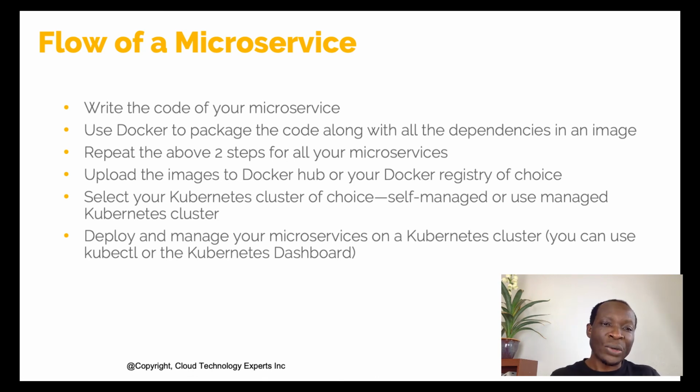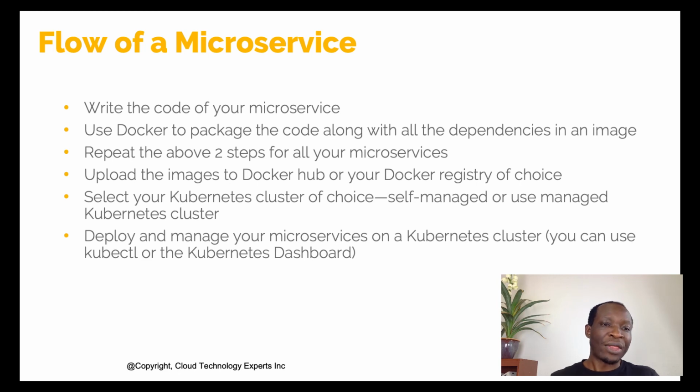So to write a microservice, first of all, you decompose your application into different components. Then you write each one of those microservice applications. Then you package that microservice along with all the dependencies in a Docker image.